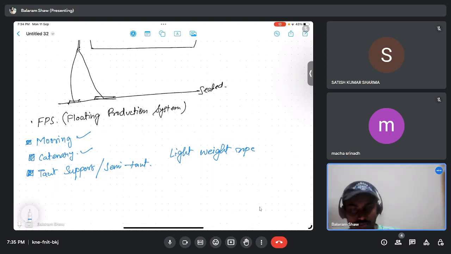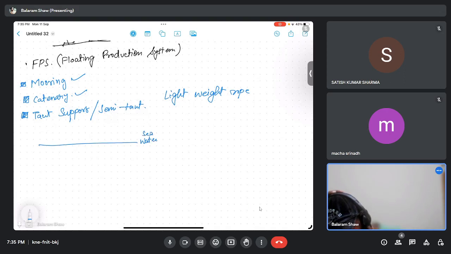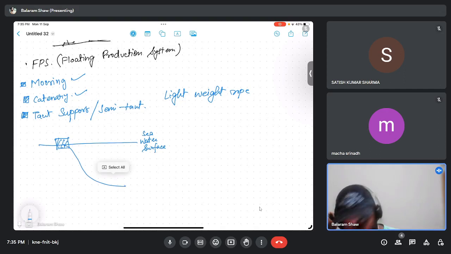Anchor system, okay, I'll draw that. Let us say this one is the sea water surface, and here is the assembly. In catenary, there will be some materials, anchored like this. It can be heavy steel, polyester, or other materials.